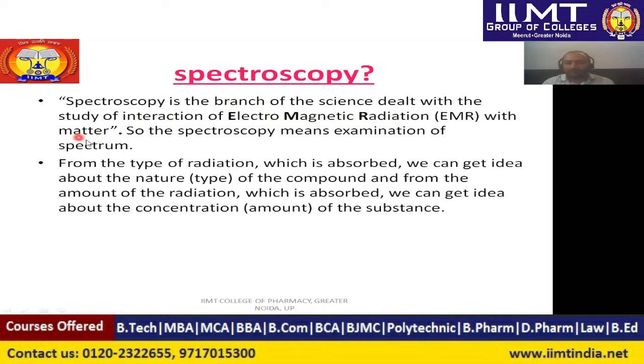In our case, because we are pharmacy professionals and most of our studies deal with drugs, the matter will be the drug, or the drug on the atomic level. So any drug when interacted with a particular kind of electromagnetic radiation, the result of this study is known as spectroscopy.